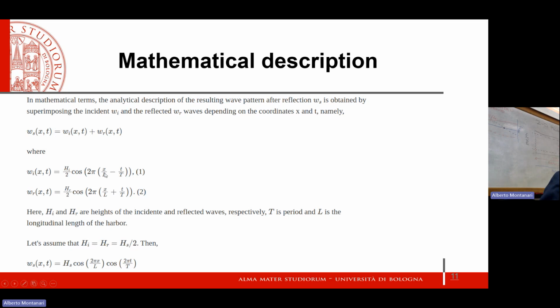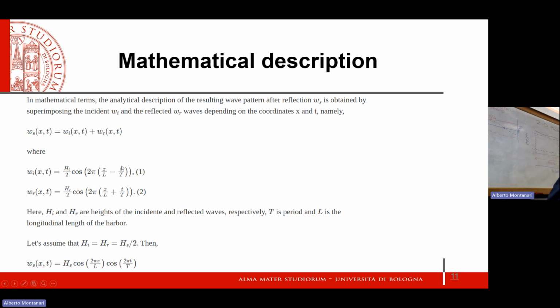So if you keep, for instance, x fixed, let's suppose that x is equal to capital L, where L is the full length of the harbor, we study what happens to the wave at the head.